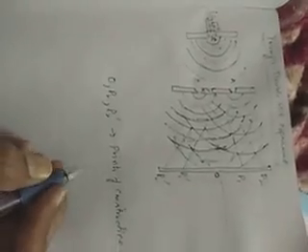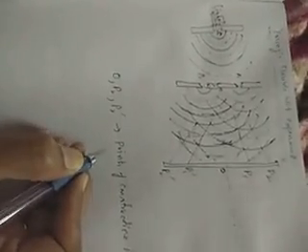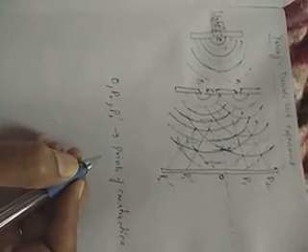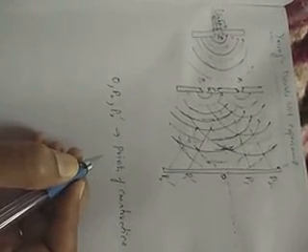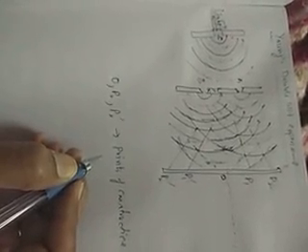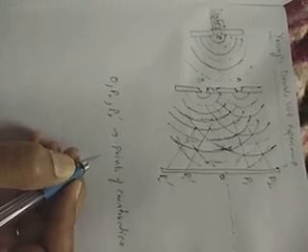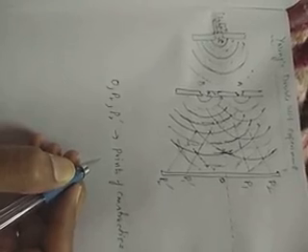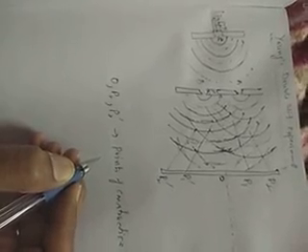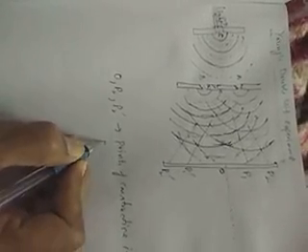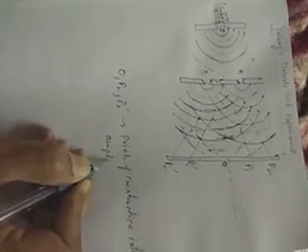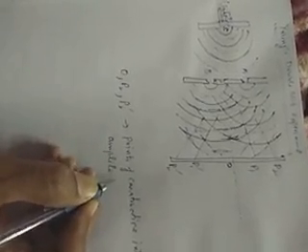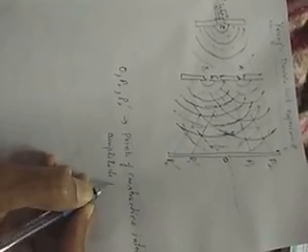These are the points where we will get a maximum, where crest falls on crest and trough falls on trough, so that your amplitude becomes maximum.